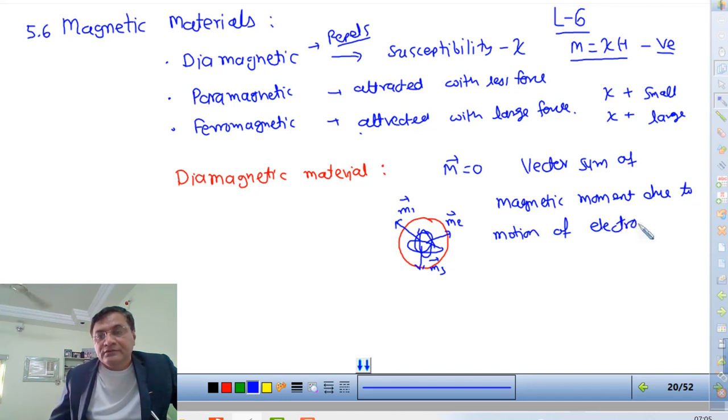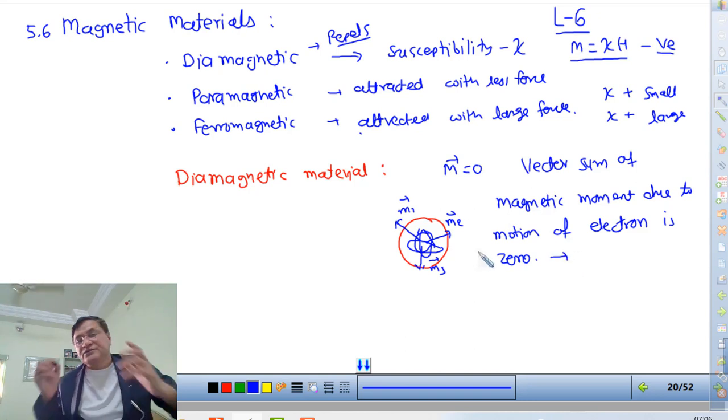Now I already mentioned earlier also, electron has two types of motion. One is spin motion and the second is the orbital motion. If the vector sum of magnetic moment due to motion of electron is 0, then it is called diamagnetic. So each atom is non-magnetic.